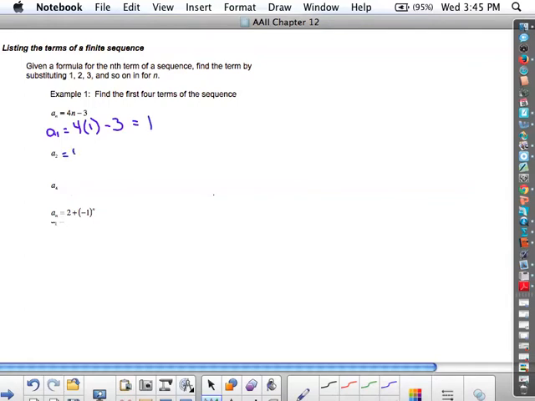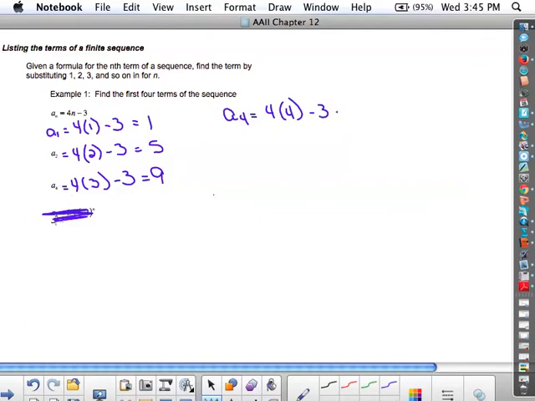A sub 2 will be 4 times 2 minus 3, which gives me a 5. A sub 3 is going to be 4 times 3 minus 3, equals 9. And then a sub 4 is equal to 4 times 4 minus 3, which is 13.